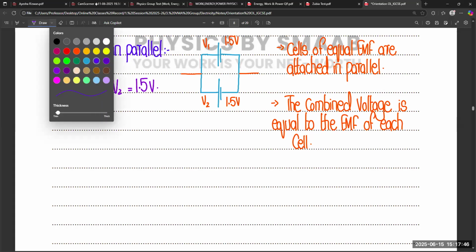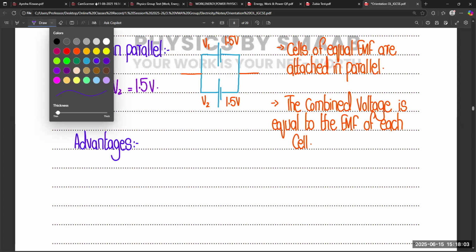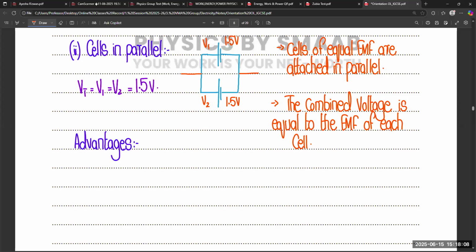So if we talk about the advantages, the other advantage is if one cell stops working, you will still get the same voltage in the output.